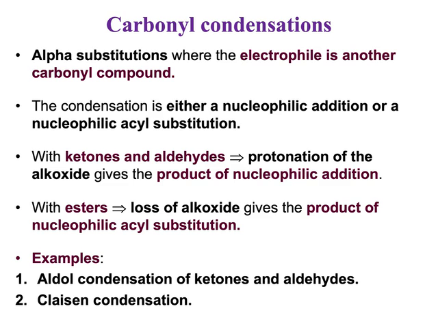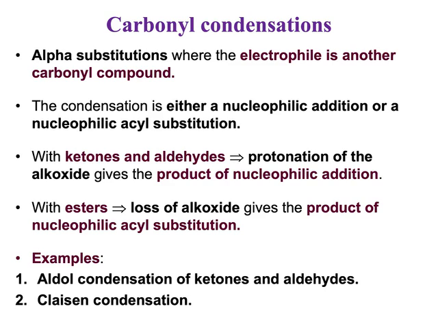So what is the carbonyl condensation? Carbonyl condensation involves alpha substitution, whereby the electrophile is another carbonyl compound. So it goes either through nucleophilic addition, or through nucleophilic acyl substitution. There are two types.